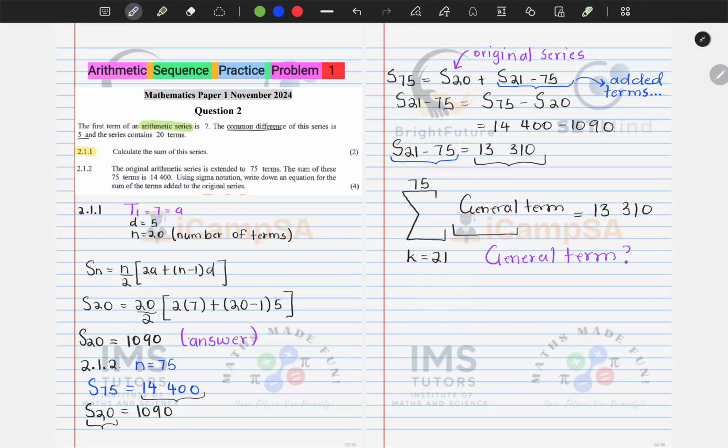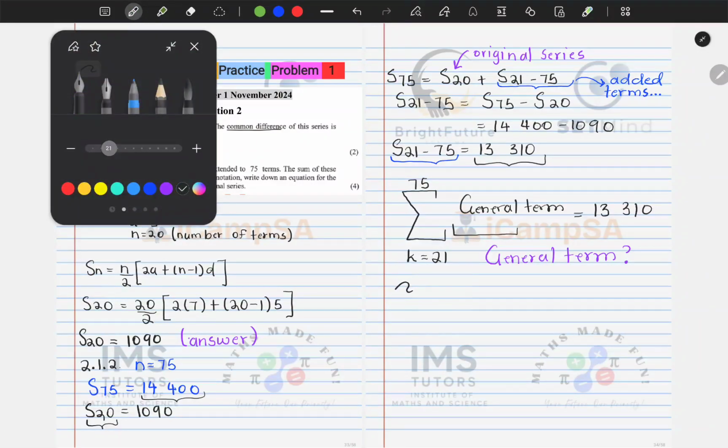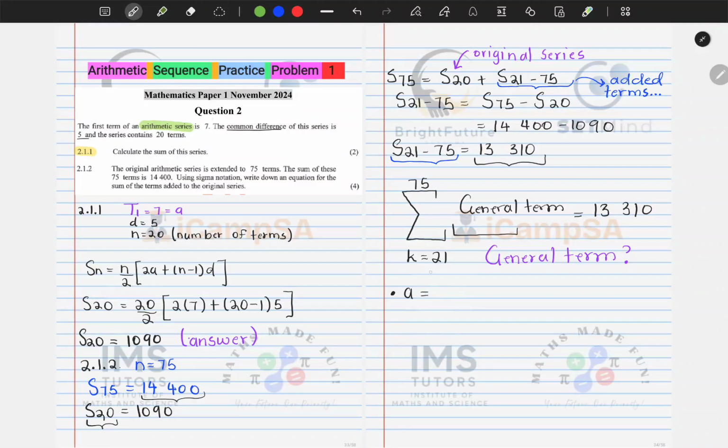Finding it is easy because we already have our a. The first term is 7 and the difference is 5. So Tn will be a plus n minus 1 multiplied by d, which is 7 plus n minus 1 times 5. If you quickly work it out, you will see that Tn is 5n plus 2.